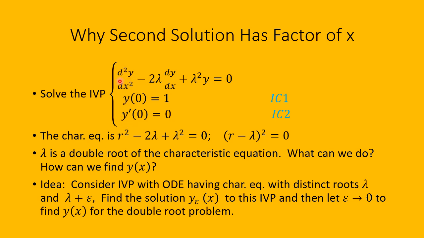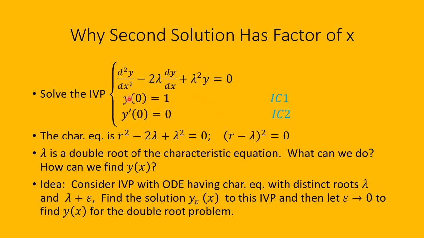The second derivative of y with respect to x minus 2 times lambda times the derivative of y with respect to x plus lambda squared y equals 0. Looking at this differential equation, we see that the characteristic equation is r squared minus 2 lambda r plus lambda squared equals 0. And this factors into r minus lambda quantity squared equals 0. And so we have a double root of lambda.